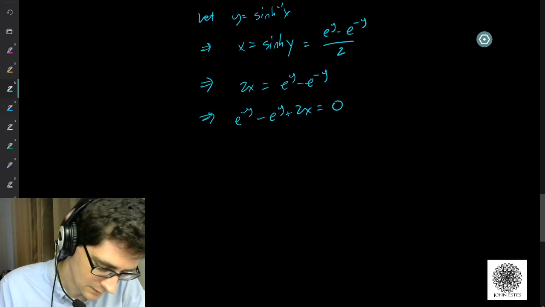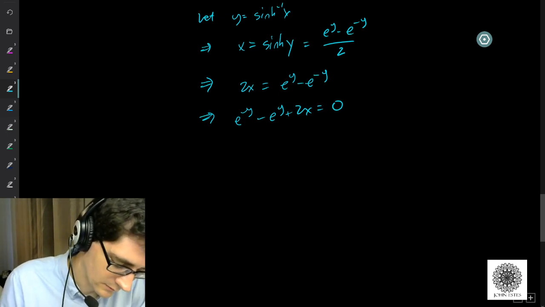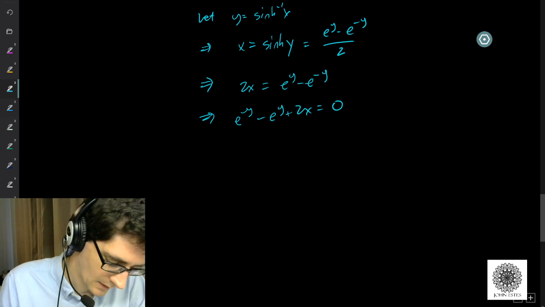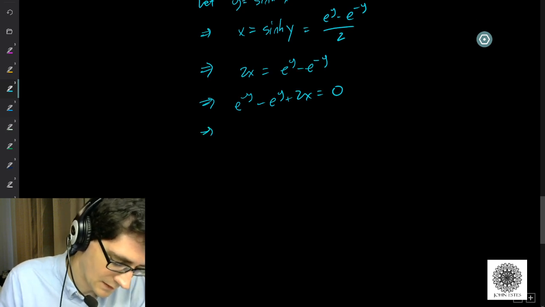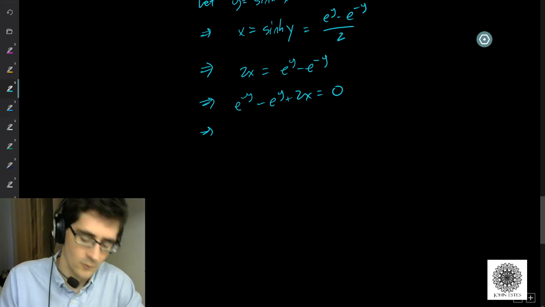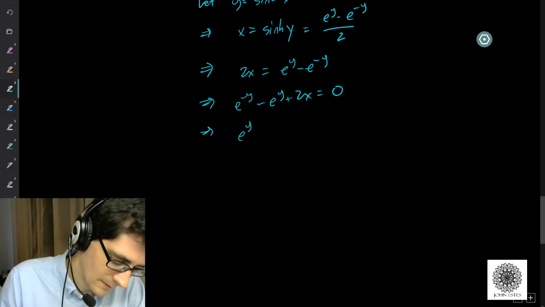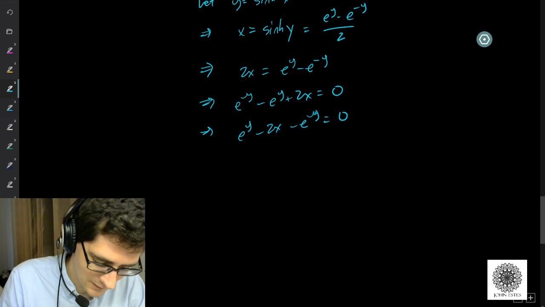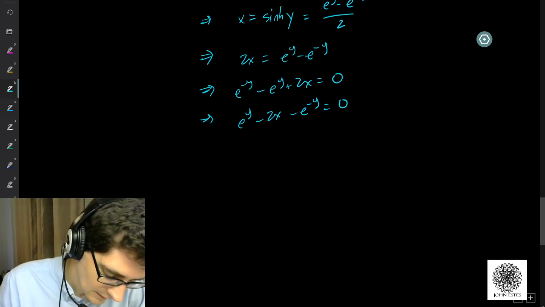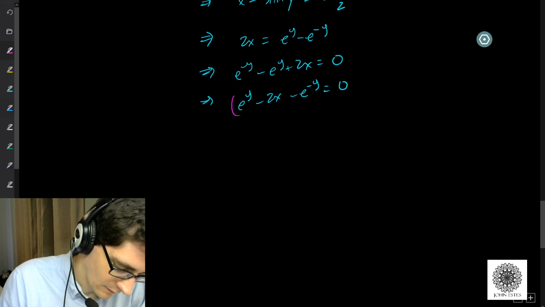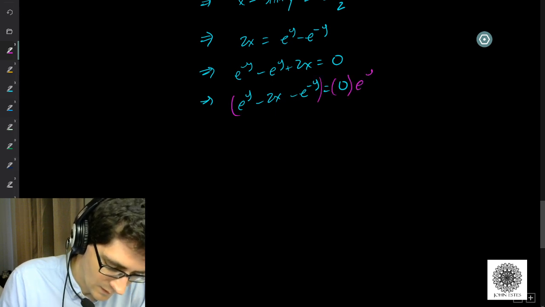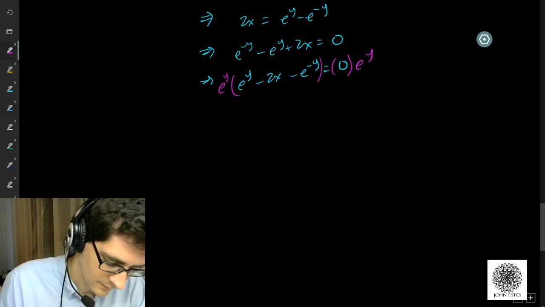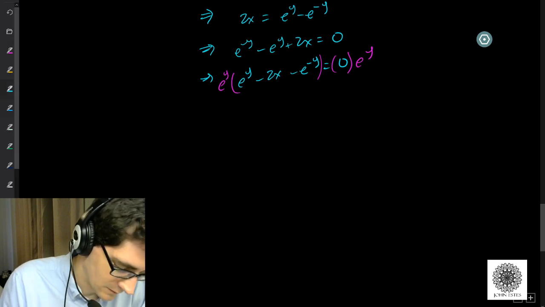Let me rearrange these terms and multiply both sides by -1. I'm going to end up with e to the y minus 2x minus e to the negative y equals 0. And I'm going to multiply both sides of this equation by e to the y. Now I'll show you why I'm doing that.